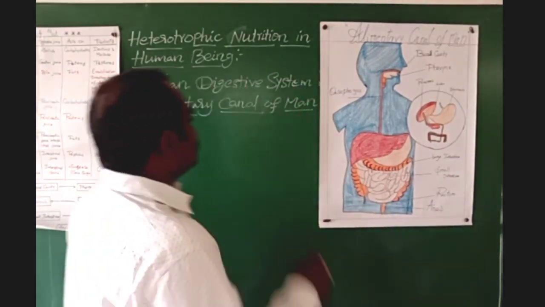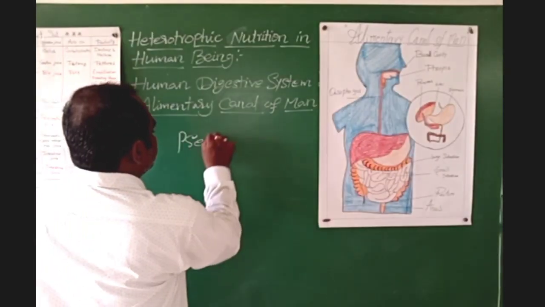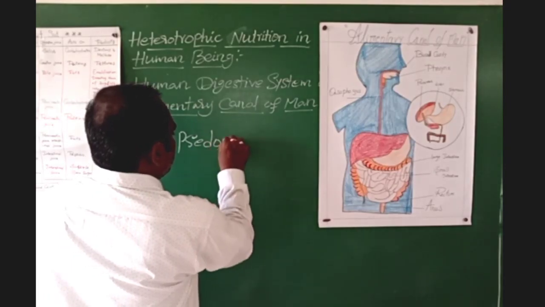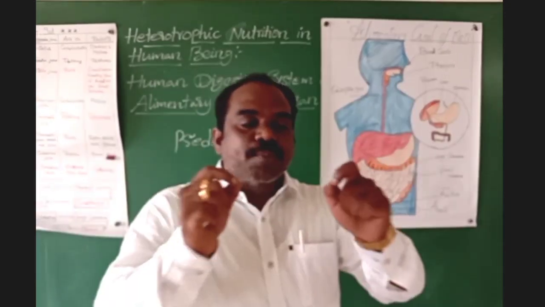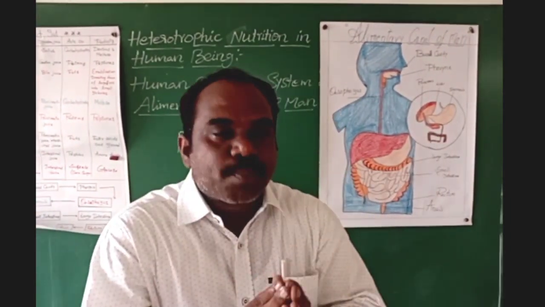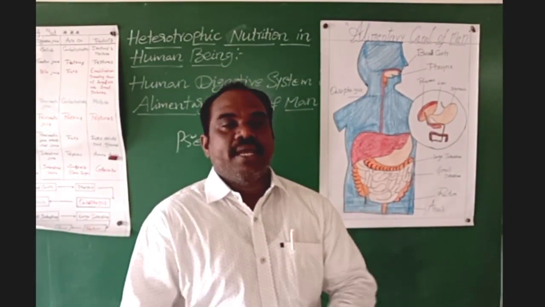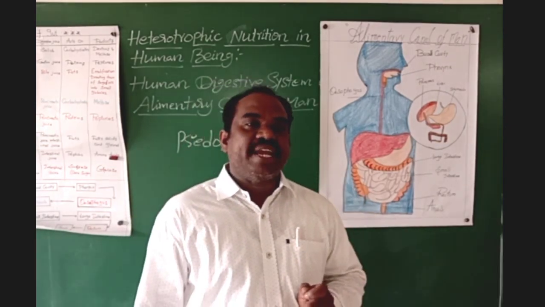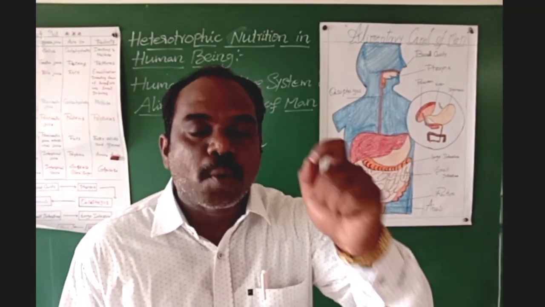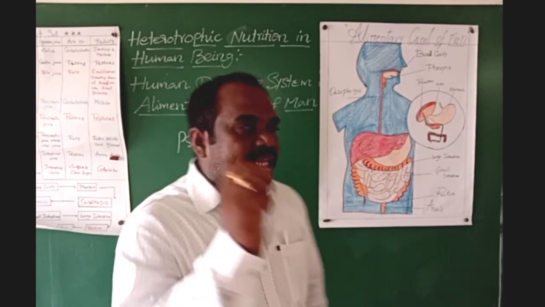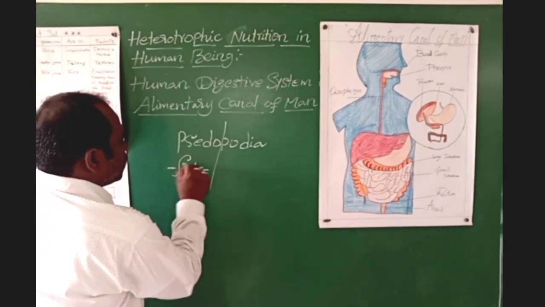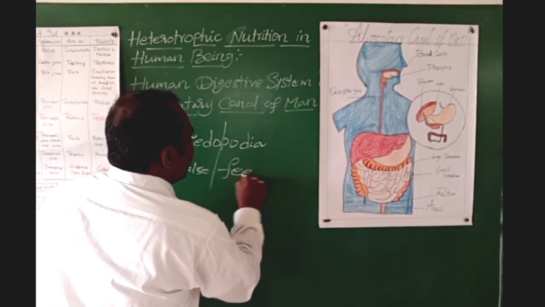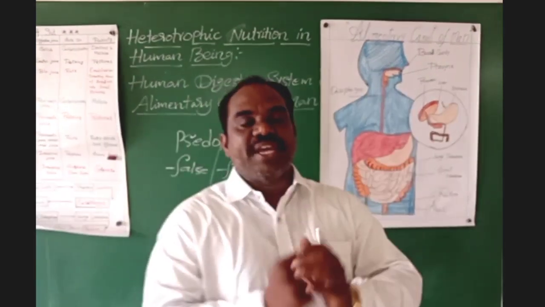On the outer covering of the amoeba body, these finger-like structures are called pseudopodia. Pseudo means false. Podia means feet. False feet.